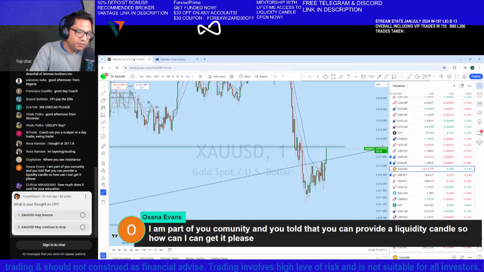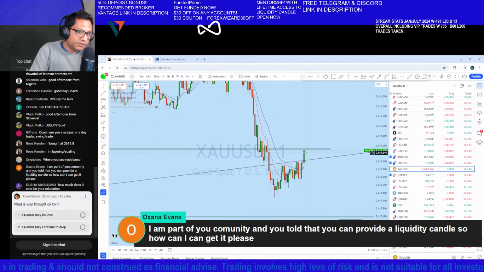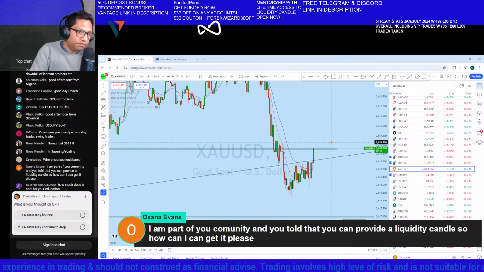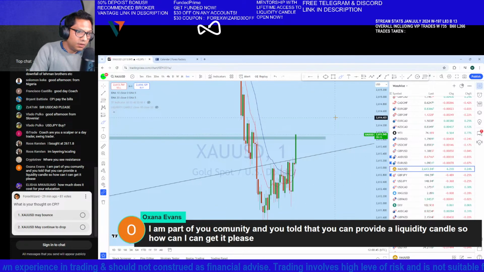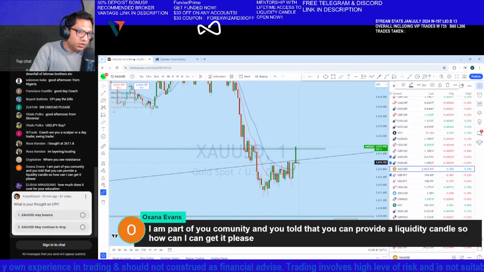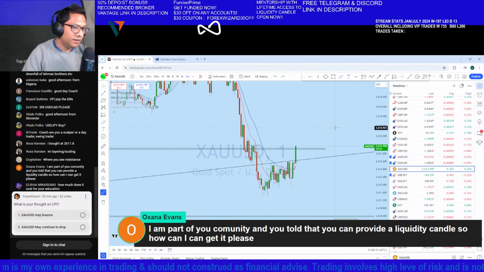So, resistance line, expecting this market from that resistance to... there's a dodgy formation. The market is bouncing back to the upside.